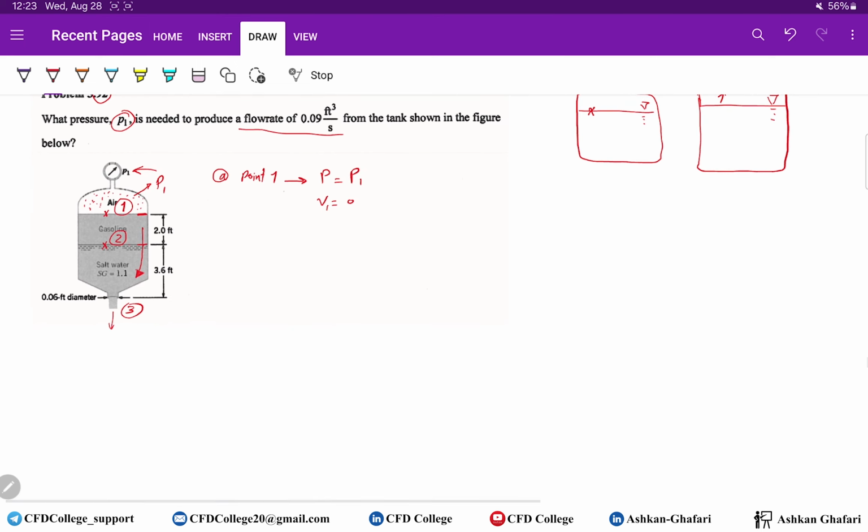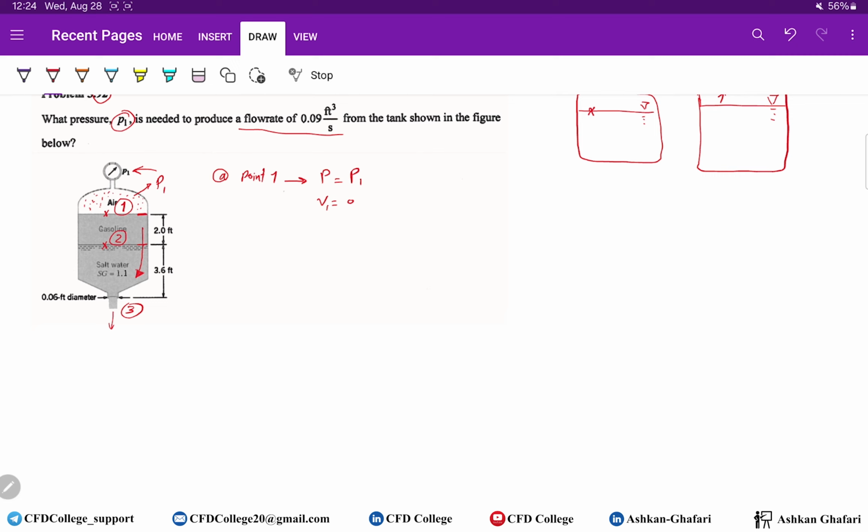Okay, so here we have a fluid flow, so we know that we have to use Bernoulli equation. But to use Bernoulli, in addition to the assumptions I mentioned before, you have to write down the Bernoulli equation in a single fluid.